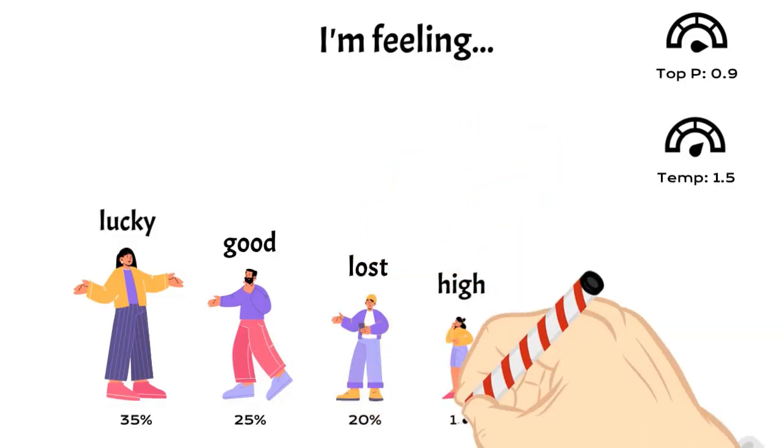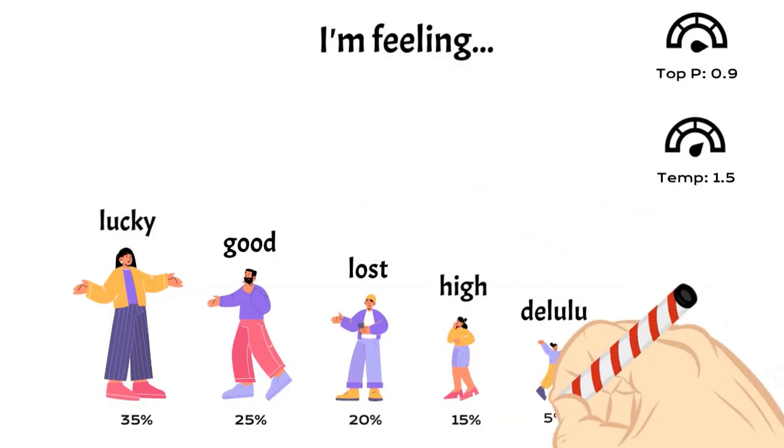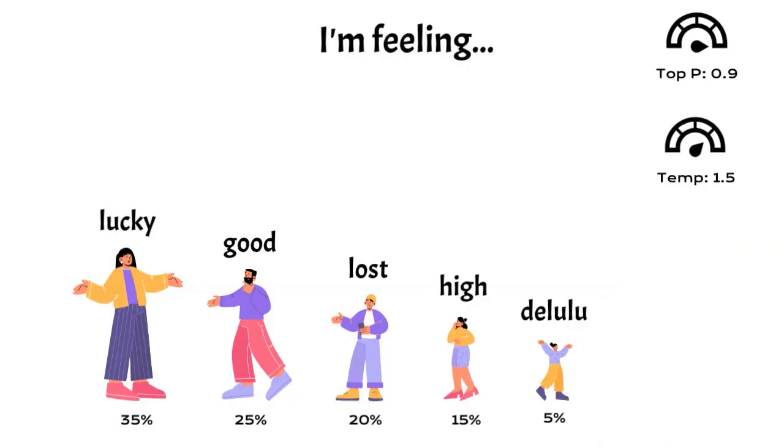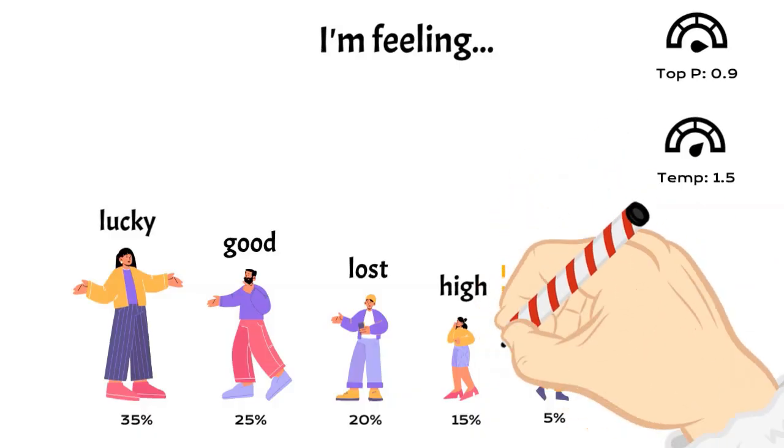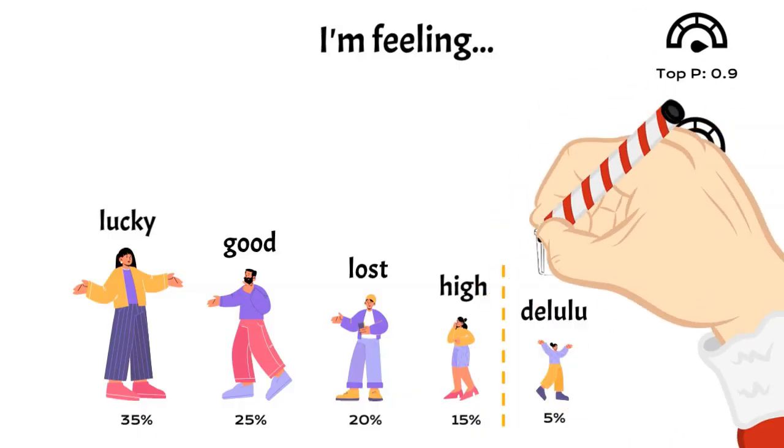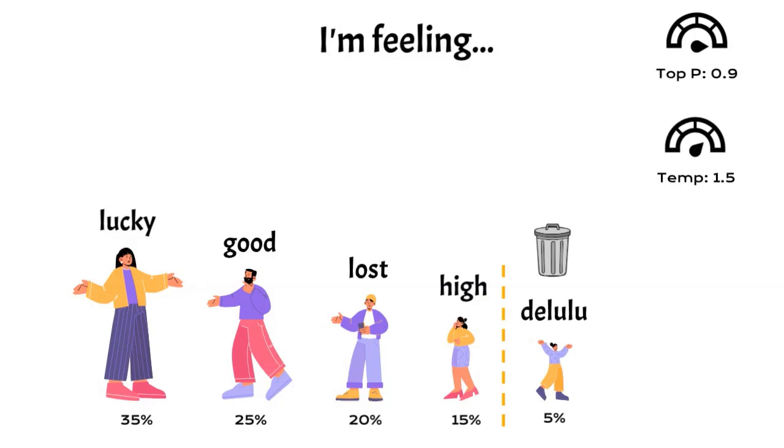This makes the selection inherently more varied and creative, but it doesn't stop the model from picking a low probability word. But since we still have top P set to 0.9, we will effectively combine our controls. All our words will be considered except for Delulu.